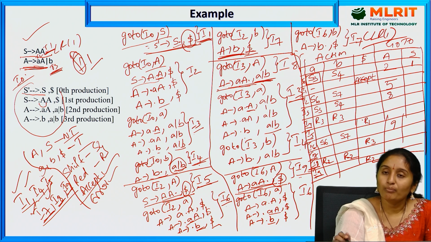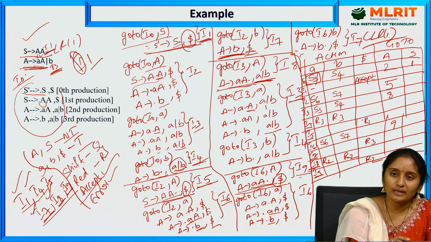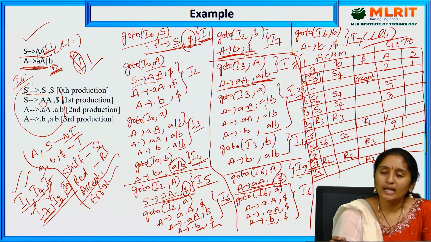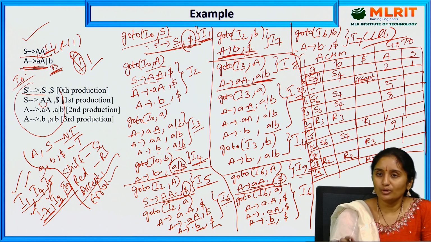If we find both shifts, both reduces, or shift-reduce, both actions, then we don't know which action should be done to derive any input string. That is not possible. Then we can tell that it is not a CLR of one parsing table. Here each column got only one action, either shift or reduce, or only one go-to, so we can tell that this is a CLR of one parsing table.